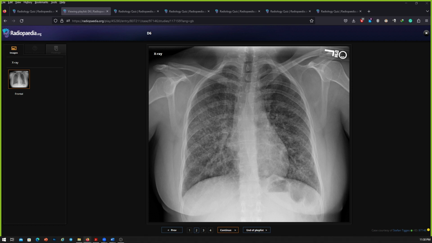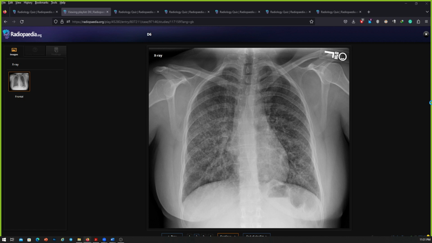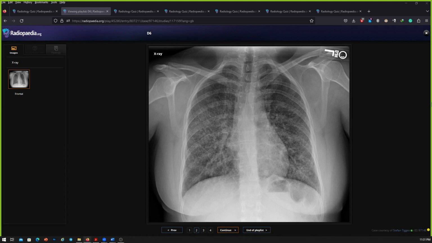The patient presented to us with dyspnea and minimally productive cough. I would like to ask the patient if there is any history of joint pains or prolonged arthropathy. No, no such history.